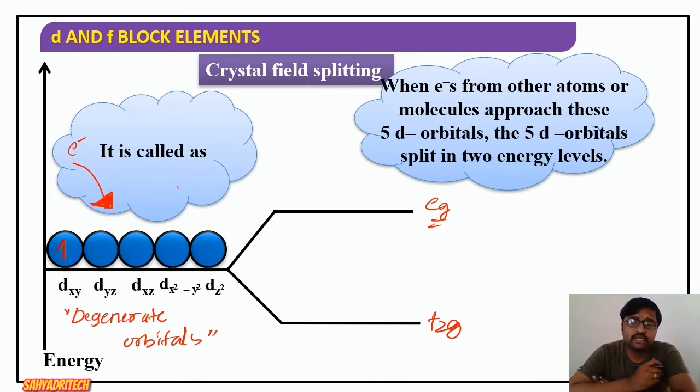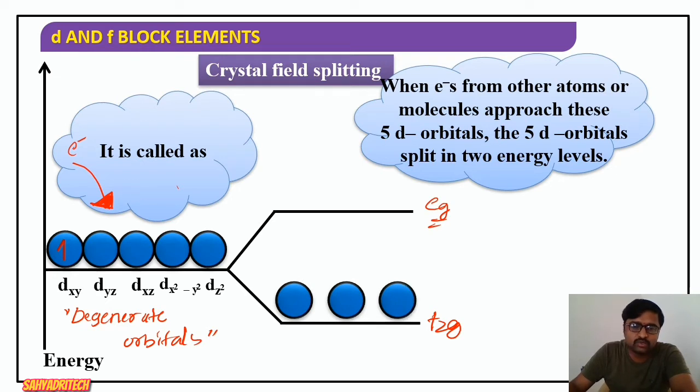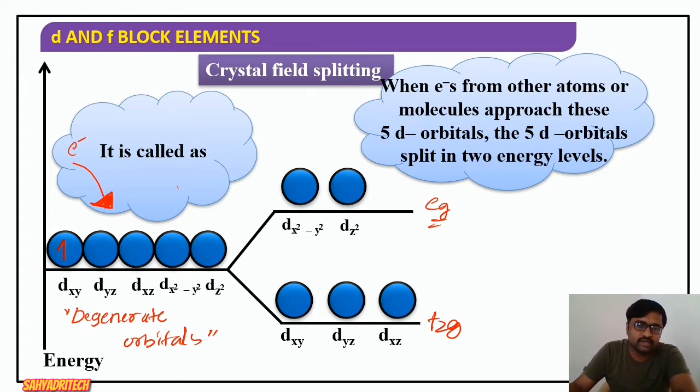Now, after splitting, where will the orbitals go? 3 orbitals go to the T2g level, those are dxy, dyz, and dxz, and the remaining 2 orbitals go to the Eg level, that is dx square minus y square and dz square.